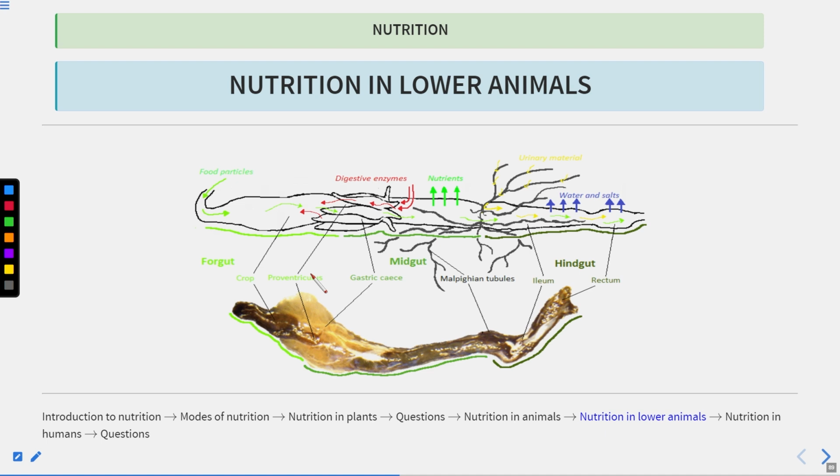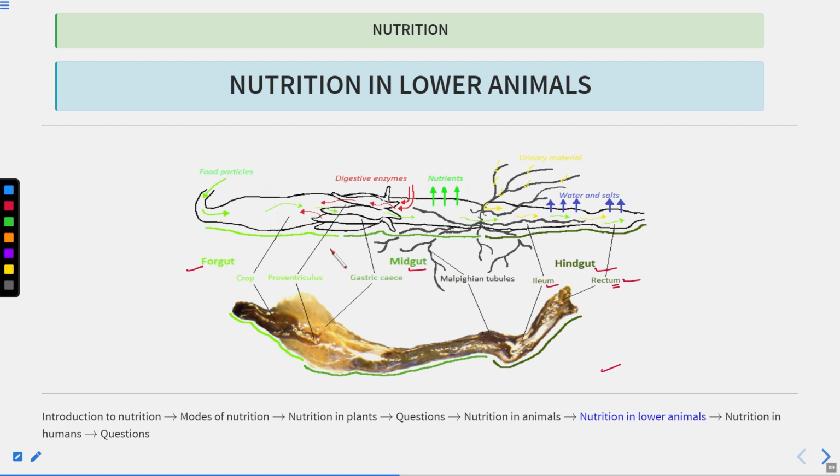So this is an image showing you the digestive system of the grasshopper. Here you can see the body is divided into the foregut, midgut, and hindgut, and you can see all the important organs here. Ileum, which is the part of the intestine. Rectum, where the undigested food is stored for some time and then it is released through the anus.